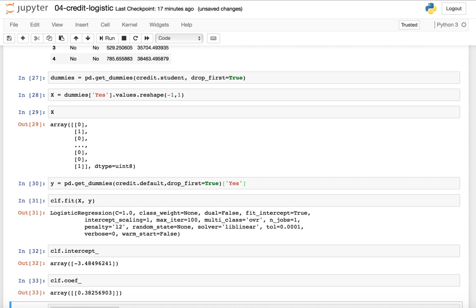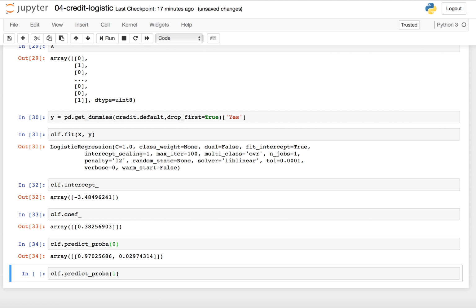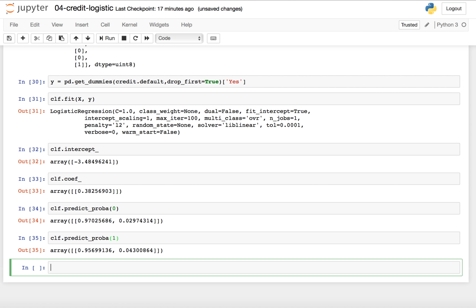And now we get an intercept and a coefficient here of -3, and we can talk about what the likelihood of somebody being a student or not a student and defaulting would be. In this example, what we see as a result of our model is that it's predicting that somebody who is not a student will not default versus somebody who is a student.